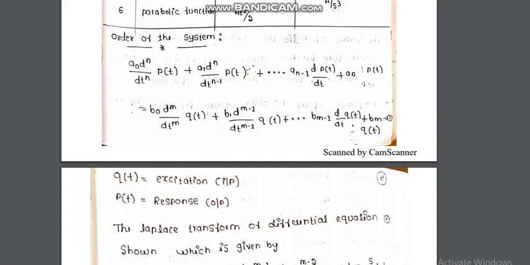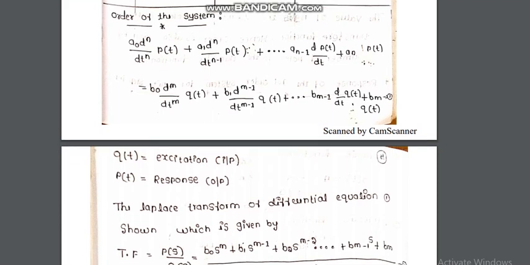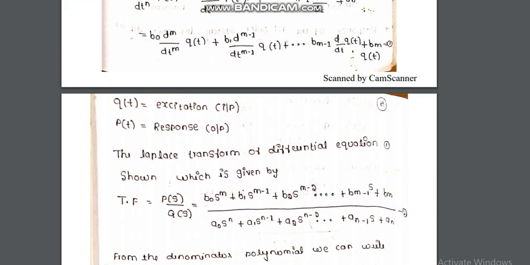Now we'll call this equation 1, and we can represent equation 1 by using Laplace transform as P of s divided by Q of s.